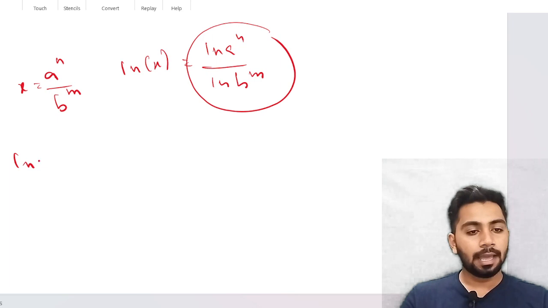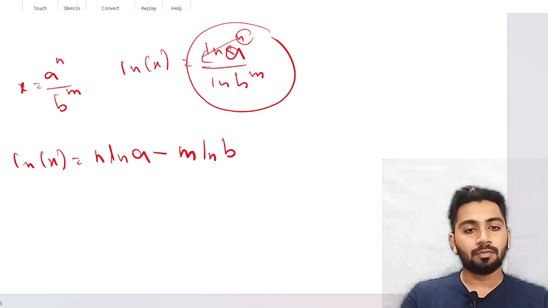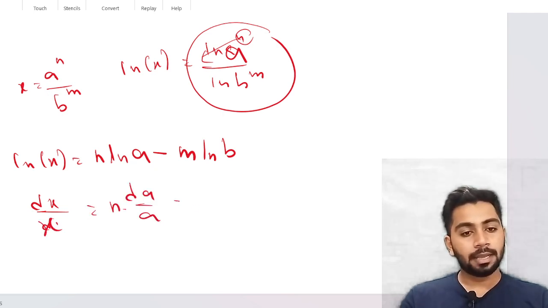This will become ln of x is equal to n ln of a minus m ln of b. The n comes down and the m comes down, the standard formula. Now again, the error is equal to n times error in a minus m times error in b.